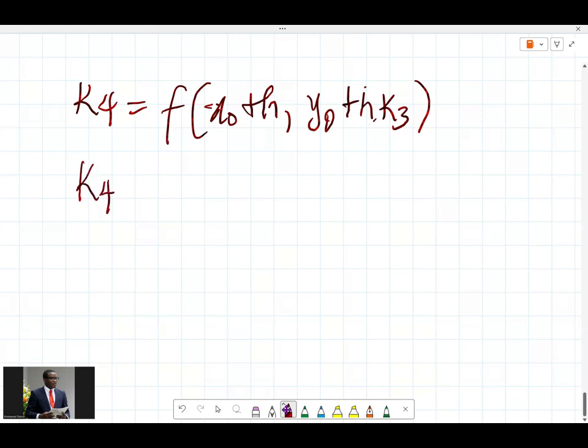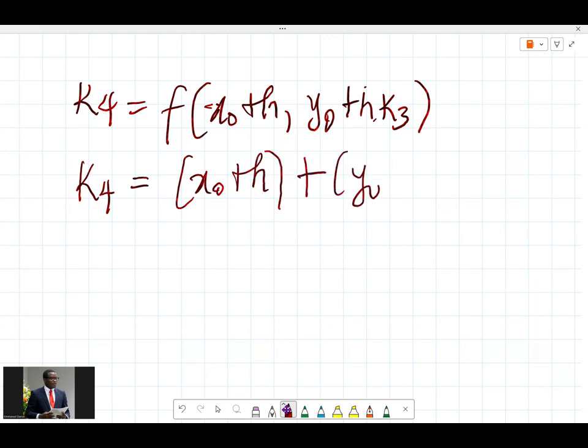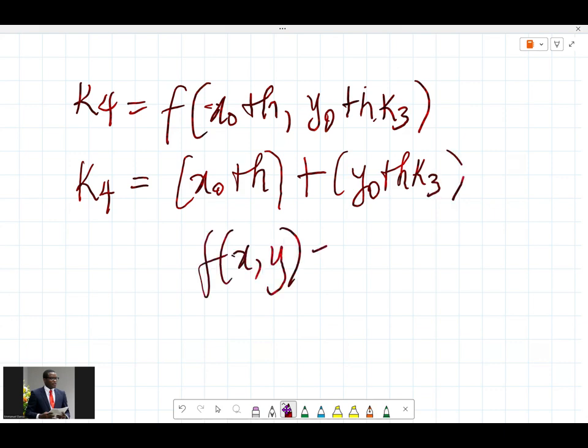Like I've been doing before, I could just say x naught plus h plus y naught plus h K3, since f of xy is simply x plus y. So this would be like my x and this is like y, so I could just add the two together.